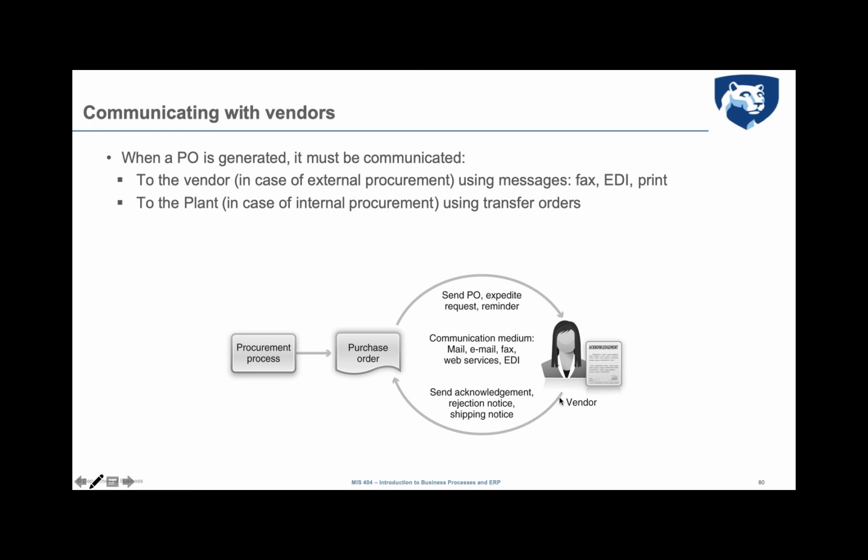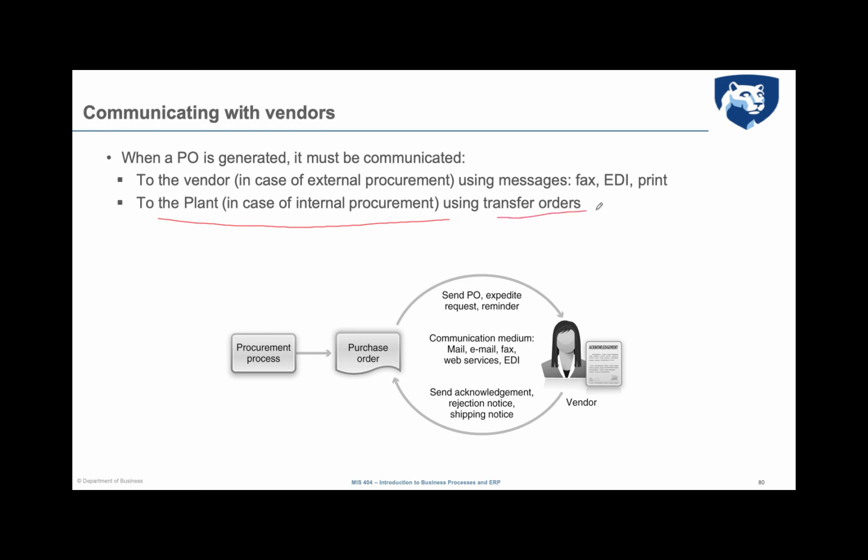How can you communicate to vendors that a purchase order has been generated from the system? With the plant, of course, with an internal plant, if it is an internal procurement, it is usually easy because you are using the same system.